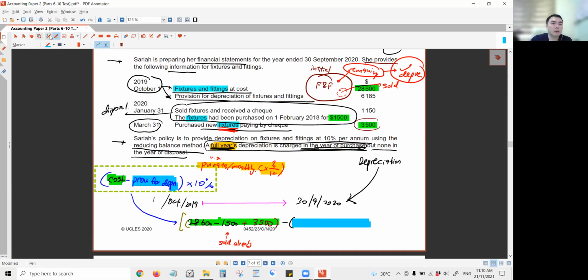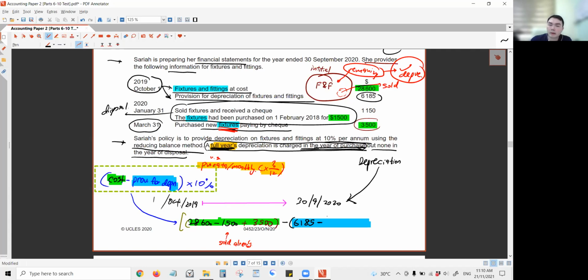Now you begin with 6,185, the amount of accumulated depreciation you have at the beginning of the year. Then you must also remove the portion that you have sold. Remove the portion of accumulated depreciation that you have sold off.